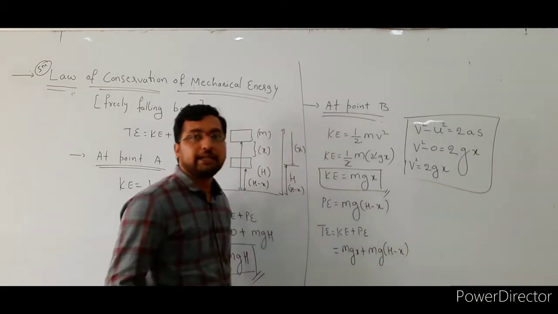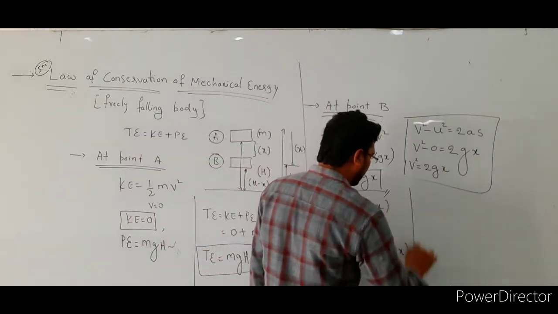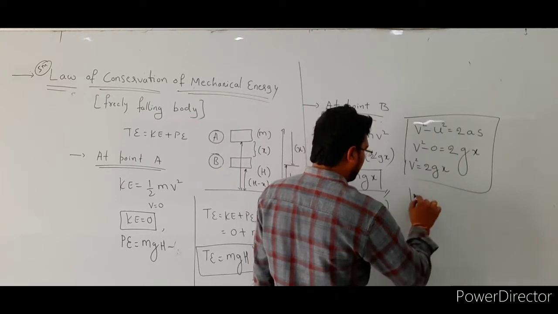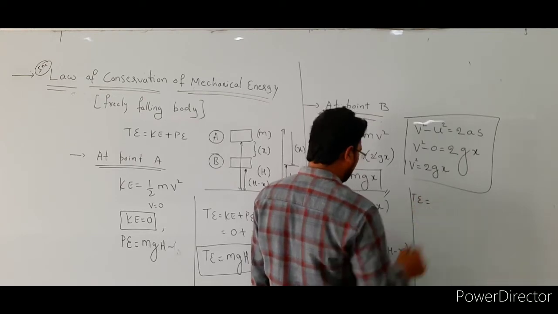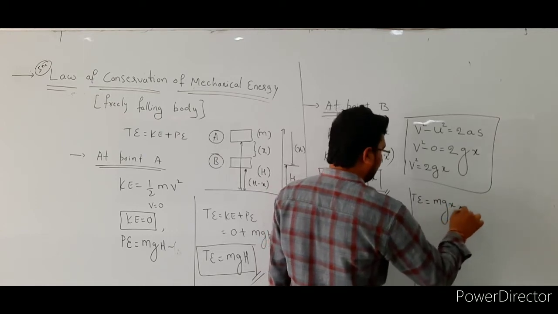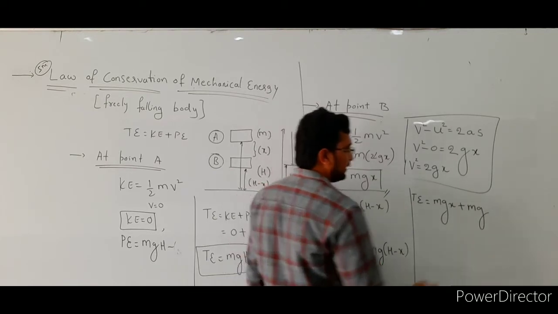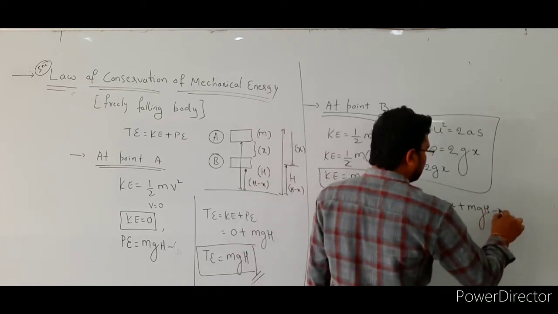So the total energy is equal to mgx plus mgh minus mgx.